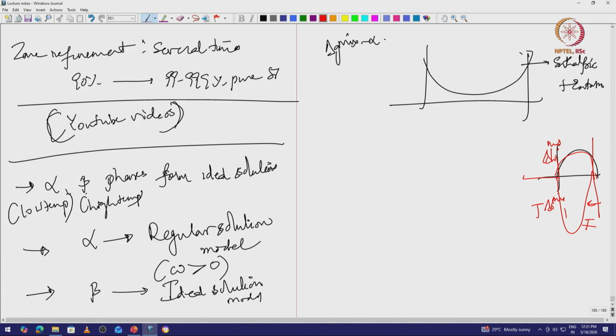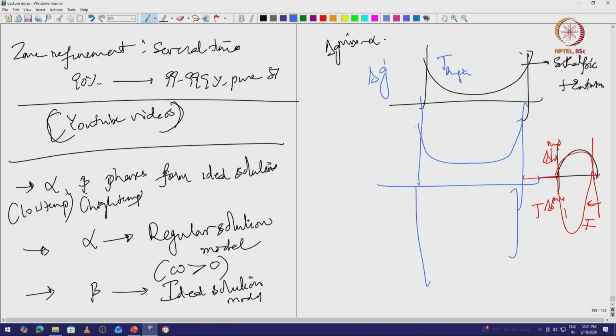As you keep reducing the temperature, there comes a temperature, this is T high, where this is very flat, and this is the total delta G, which is equal to delta H mix plus T delta S mix.